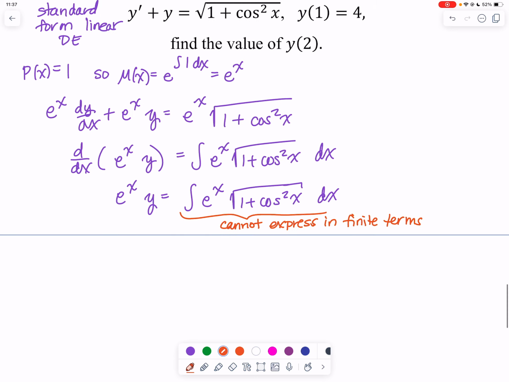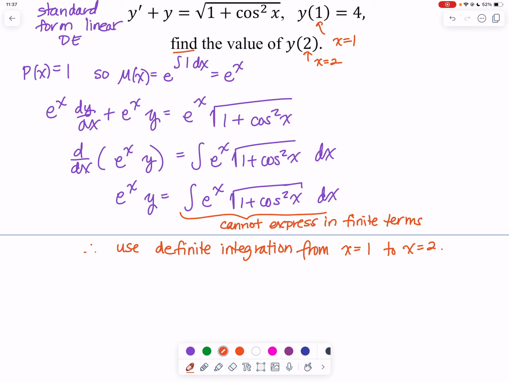So we are going to use definite integration from x equal to 1 to x equal to 2. And you can see here x is equal to 2 and x is equal to 1. And this is what we're looking for, and this is given.